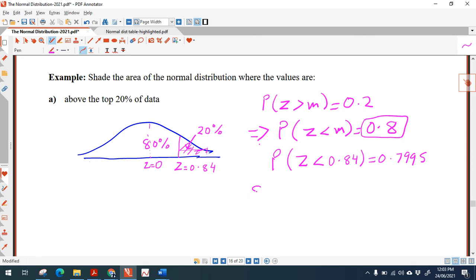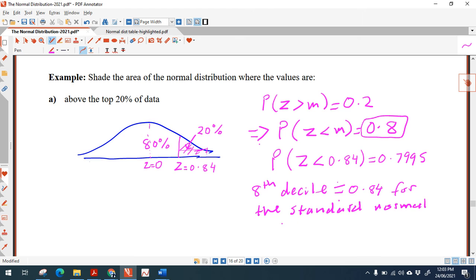So we could say the 8th decile is approximately 0.84, and again, we're going to qualify that for the standard normal distribution. Rightio, so let's have a look at the next one.